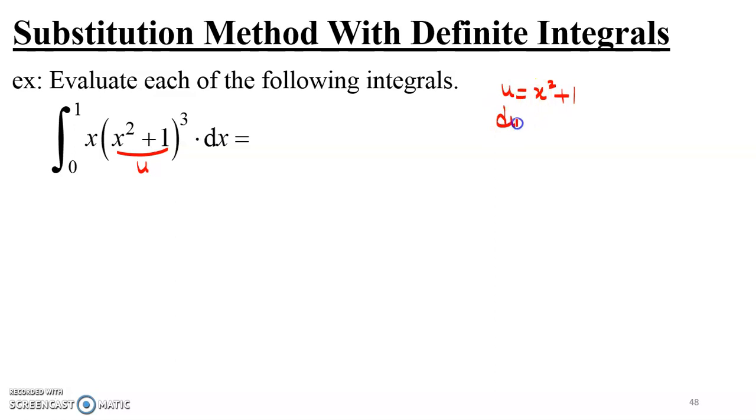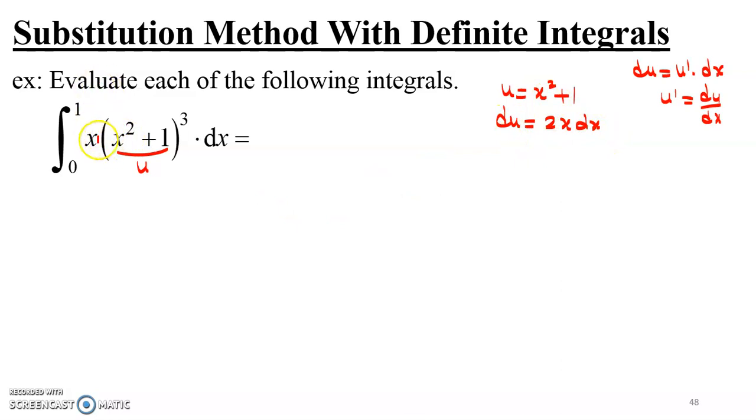So over here, du would in fact be 2x times dx. Remember that du is defined by u prime times dx, because u prime is du over dx according to Newton's notation of the derivative. So whenever you are working with du, the differential that corresponds to the variable u, that is the derivative of u times dx.